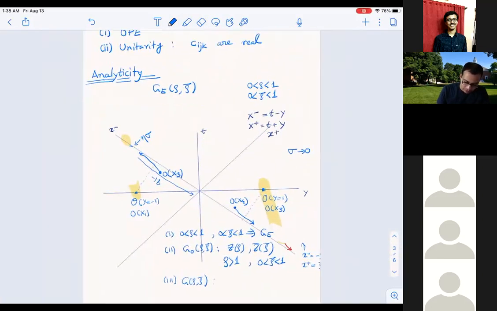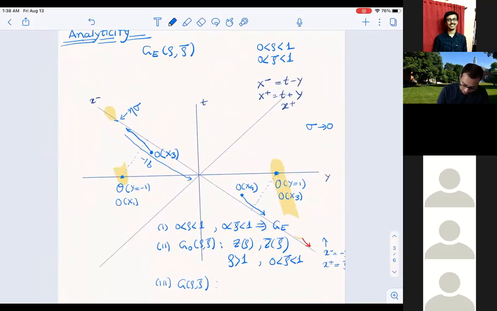In this case, again, rho is greater than 1, and rho bar is between 0 and 1. And the way you have to take rho to greater than 1 is that the imaginary part of rho has to be positive, so that you don't cross the branch cut.